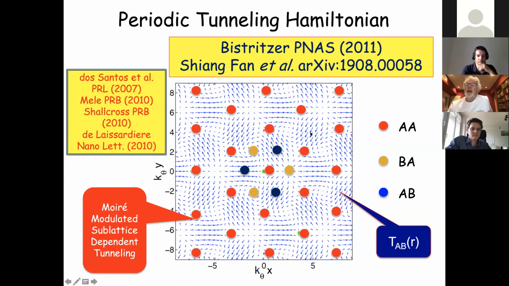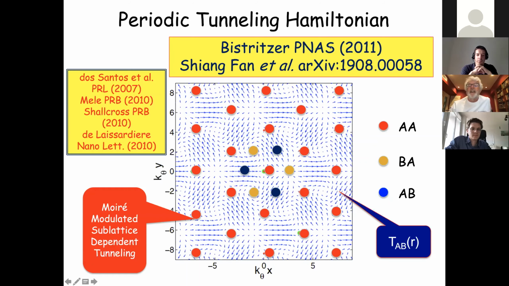Each layer, like isolated graphene, has a Dirac cone that I just showed you. And the main way in which the 2 layers influence each other is by tunneling between these layers. But the tunneling between layers is sublattice dependent. There are two sublattices on each side. So the tunneling Hamiltonian is a 2x2 matrix of complex numbers that describe these various tunneling amplitudes.